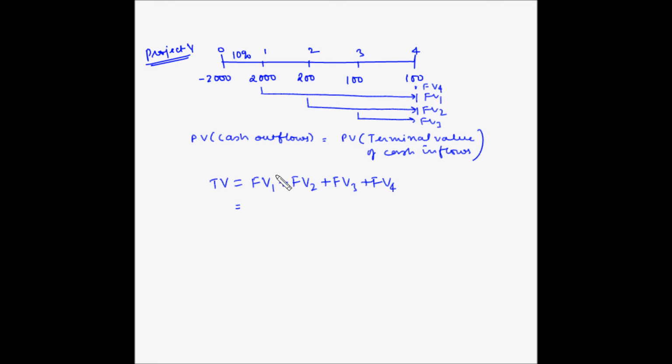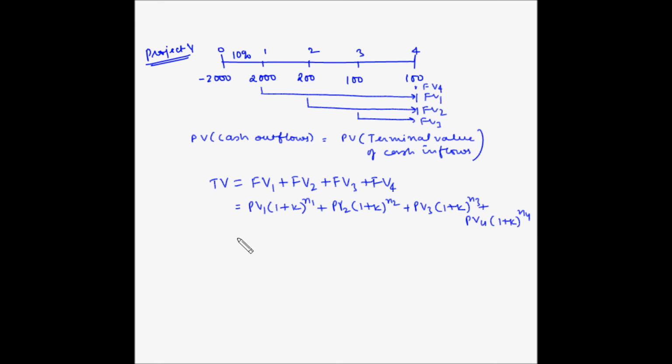Now the future value will be calculated on the cost of capital. So this future value is present value 1 into 1 plus k to the power n1 plus present value 2 into 1 plus k to the power n2 plus present value 3 into 1 plus k to the power n3 plus PV4 into 1 plus k to the power n4.